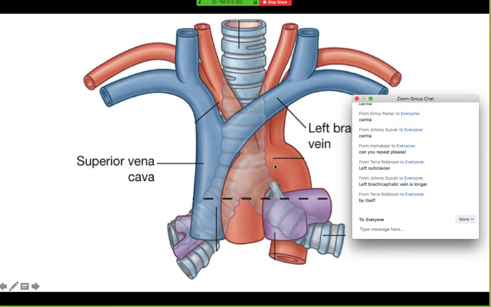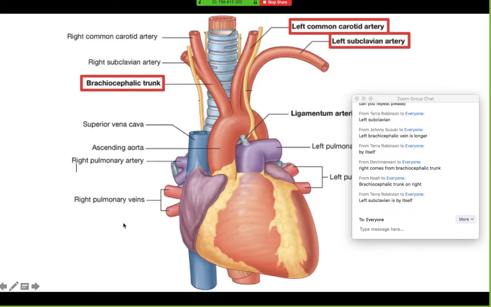Somebody explain to me the left from right difference regarding the aorta. Yeah, the right comes from the brachiocephalic trunk. So the left subclavian and left common carotid are branching directly off the aorta, and on the right side you have the brachiocephalic trunk. And then here, that's labeled for you.